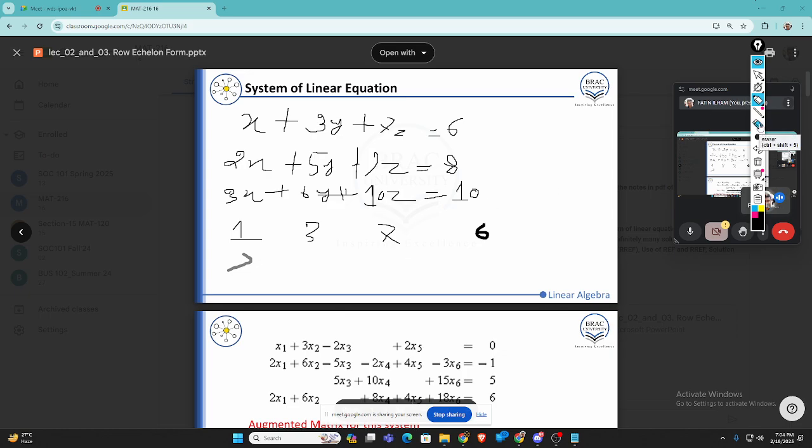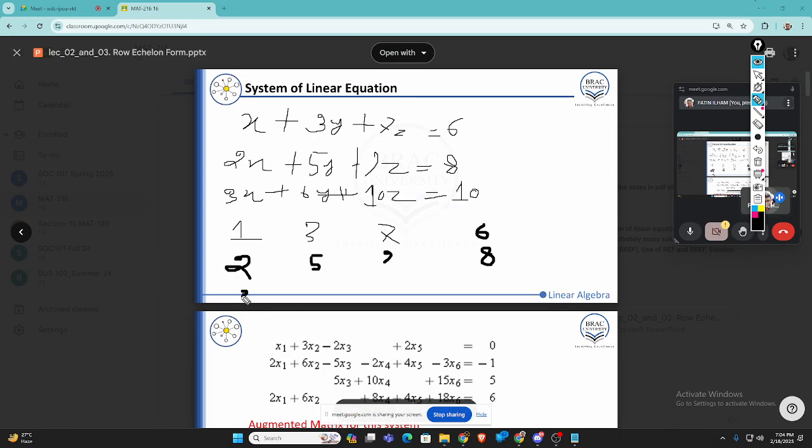Alright, never mind, I seem to have messed up a little bit. So this is 6, right? Then the next row is 2, 5, 9, and 8.